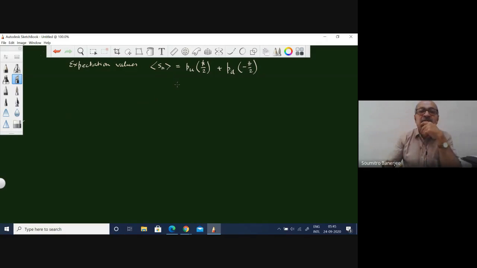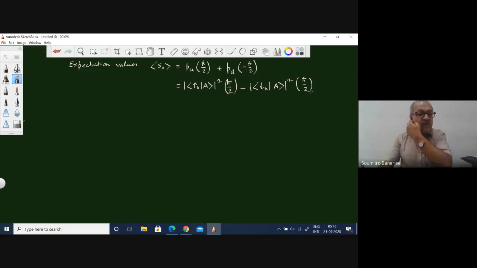And this is, as we have seen, basically mod of n A square times h cross by 2, bracket, plus, or you can put a minus sign here by bringing this minus up front, minus mod of down n A square. Good.